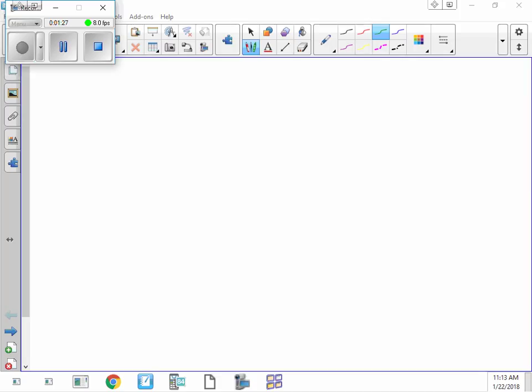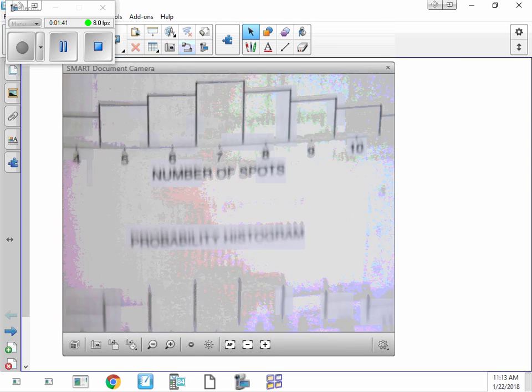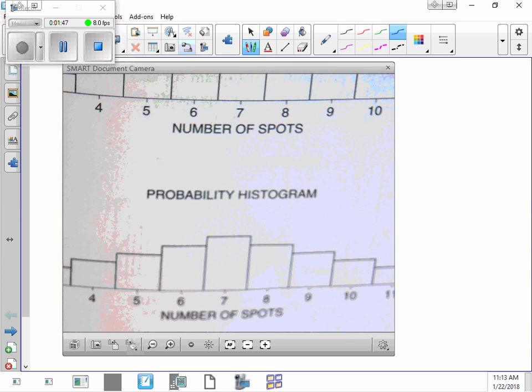Oh, I see what they're asking. So you're going to add up everything from 7 to 10, but if you look at the areas, we need to go to the probability histogram. We're going to add up all of the 7s through 10s.